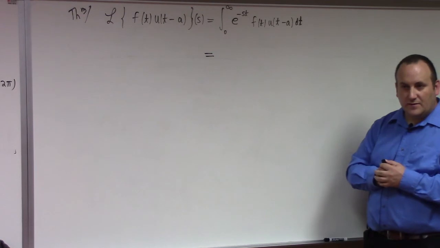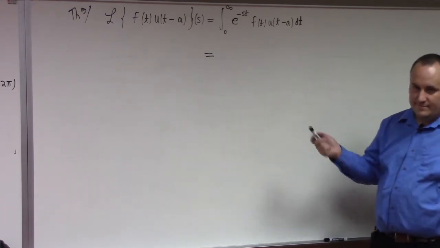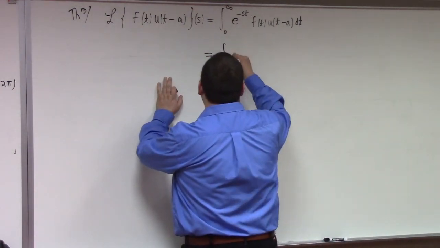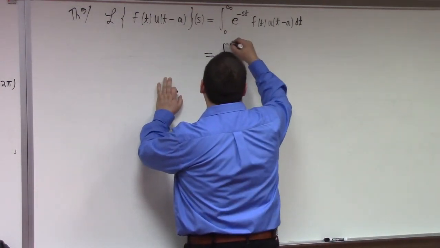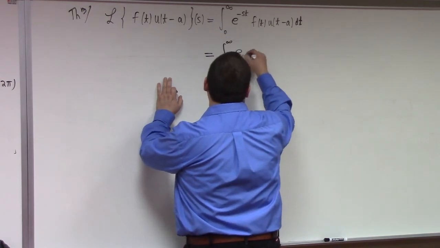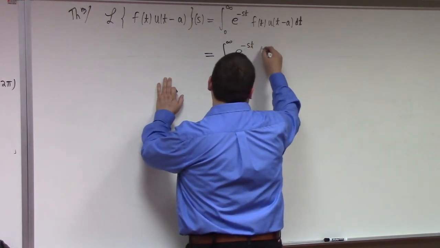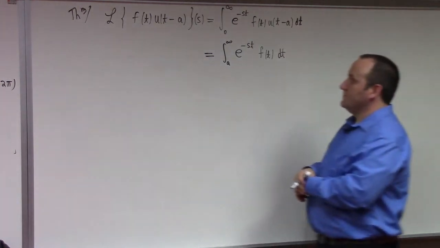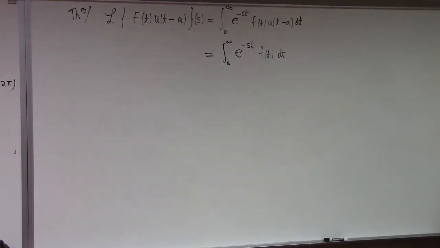The unit step function is 0 before time a. So integrate 0, what do you get? 0. And what is it after time a? It's 1, right? So this is just the integral of e to the minus st, f of t, dt, by the definition of the unit step function.